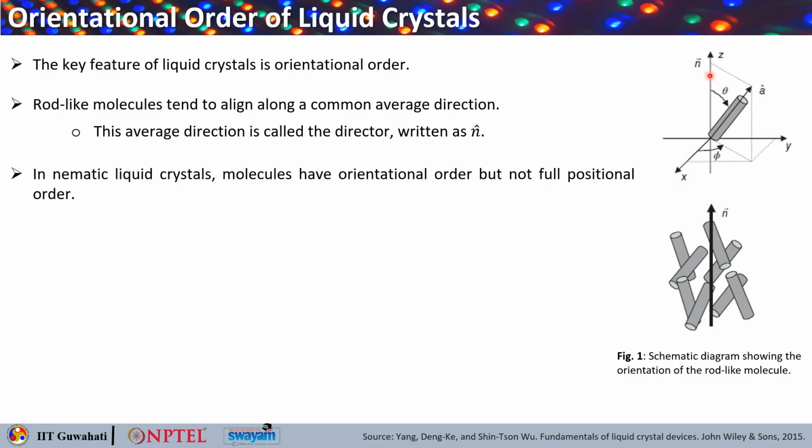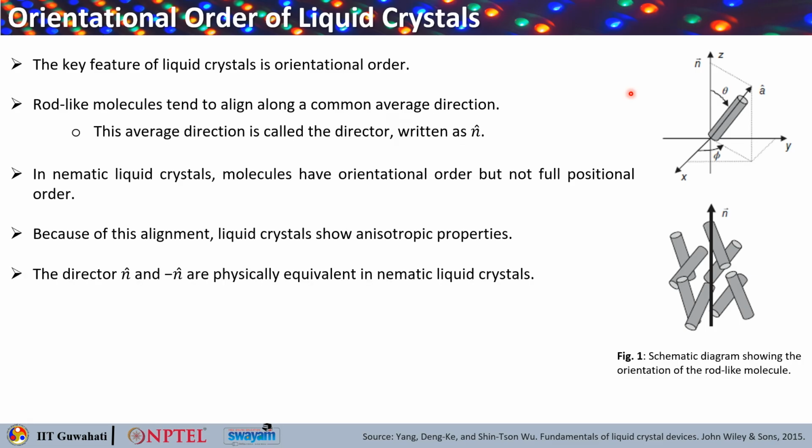You can see that each of the molecules is not fully aligned to the same direction; they may be tilted this way or the other. In nematic liquid crystals, molecules have orientational order, but not fully positional order. Because of this kind of alignment, liquid crystals show anisotropic properties.